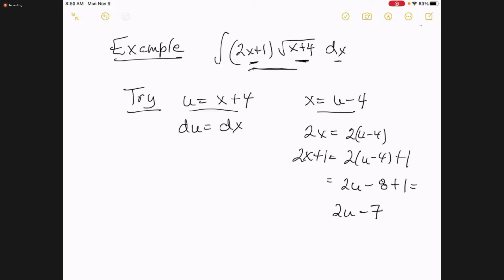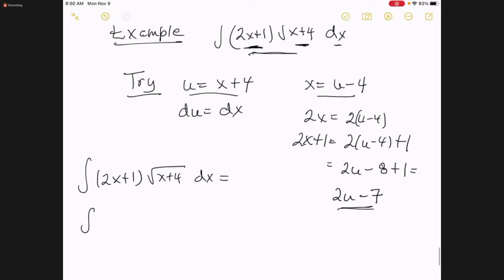All right, so I've got 2x plus 1 switched over to u's also. So this integral becomes the 2x plus 1 is now 2u minus 7. Square root of x plus 4 is the square root of u, and dx is du.